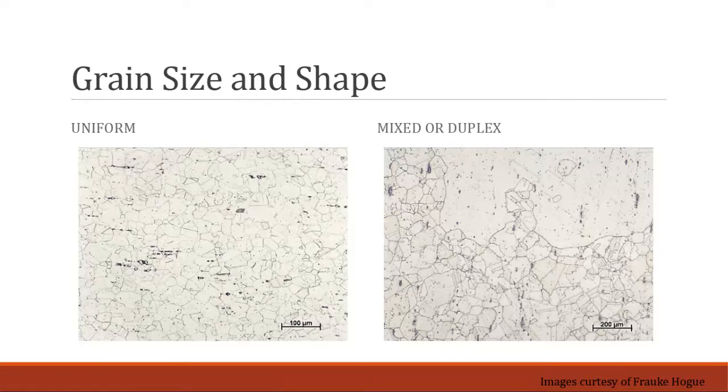Mixed or duplex grain structures are typically made up when you have a large grain, as you can see in this image here, mixed in with a bunch of smaller grains. So this would be a duplex or mixed grain structure. If you're able to take measurements of the large grain, then you would have two different grain sizes you can measure, one of the smaller grains and one of the larger grains.